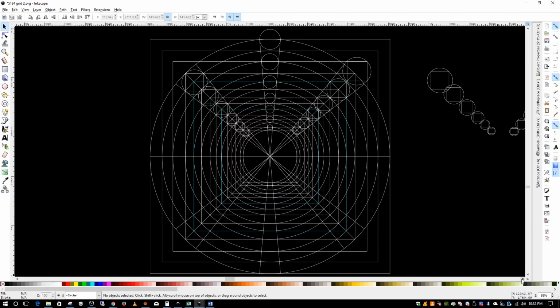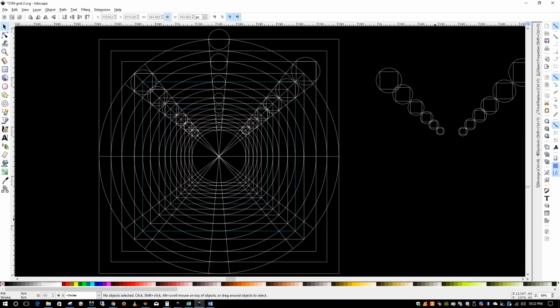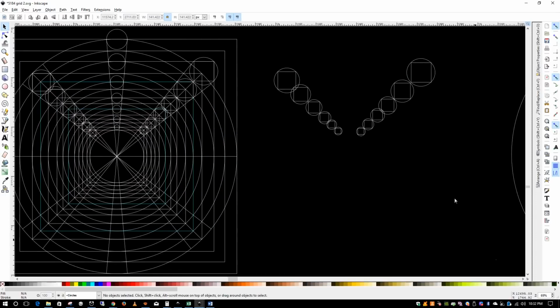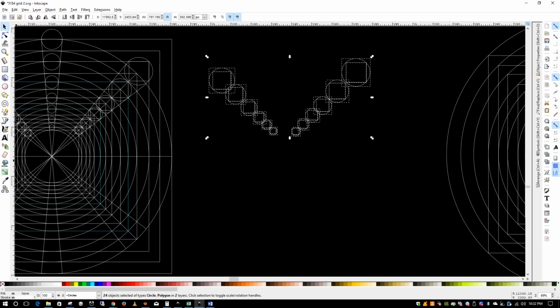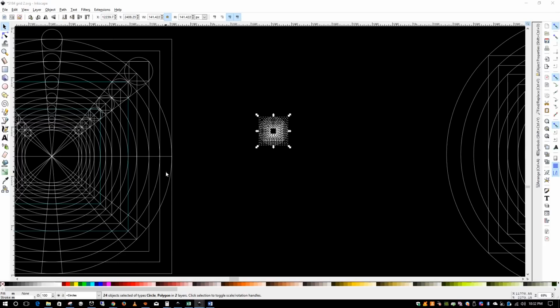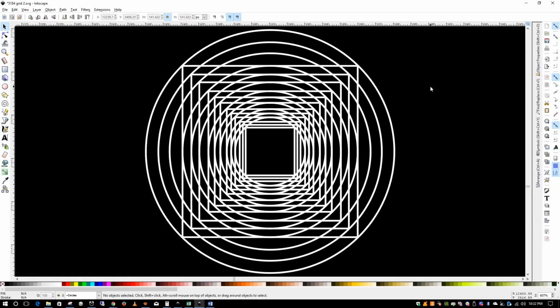So what I've done here is I've taken all of them that I've calculated out here, I've dragged them over here to the side, and so we'll just take all of those real quick and we will nest them inside of each other, and they look like this. Those are all of the way that they look when they're calculated out, nested inside of each other instead of in the different quadrants. Okay.